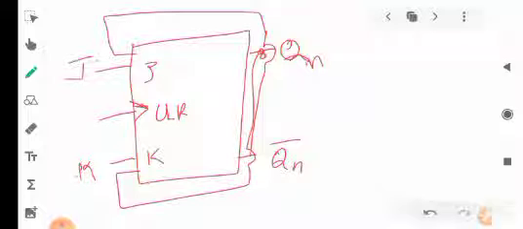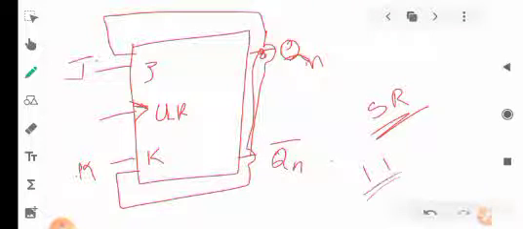See, the JK flip-flop is similar to your SR flip-flop. The working will be similar, except for the case of 1 1, where we get an unpredictable output. In order to avoid this, we cross connect this Qn.